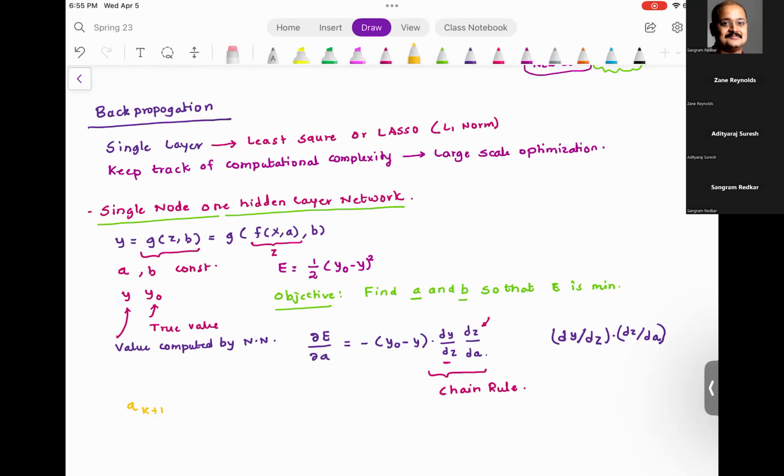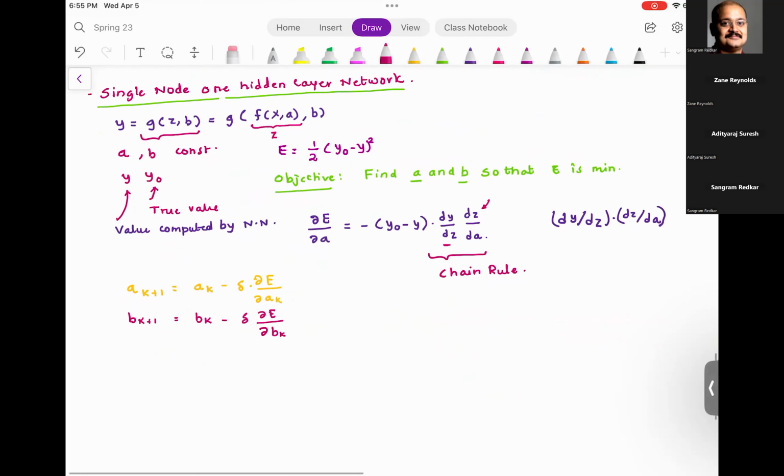So a k plus 1 is equal to a k minus delta times partial e by partial a k, and b k plus 1 is equal to b k minus delta times partial E divided by partial b k.